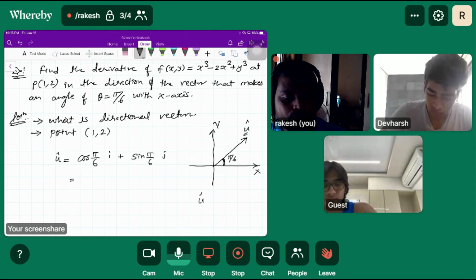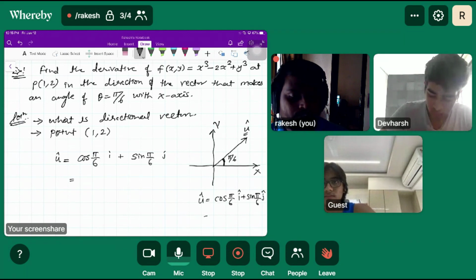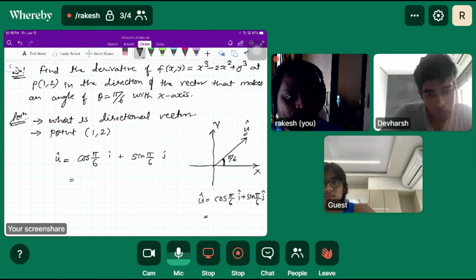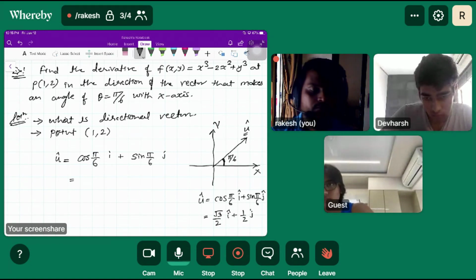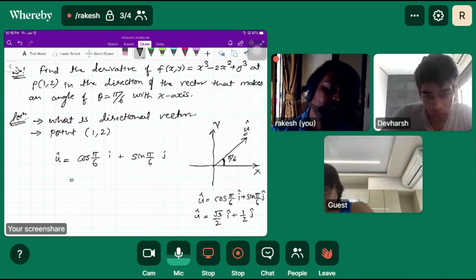So u cap is equal to cos theta i cap plus sin theta j cap, which is cos pi by 6 i cap plus sin pi by 6 j cap. Pi by 6 is 30, so cos 30 is root 3 by 2 i cap plus 1 by 2 j cap. Fine. This is a unit vector.